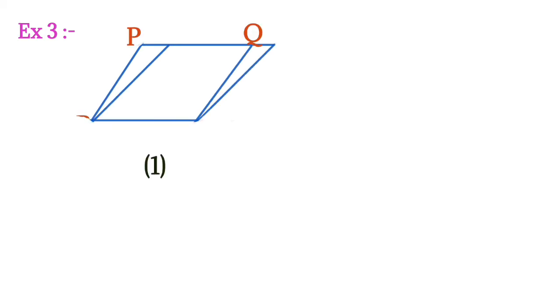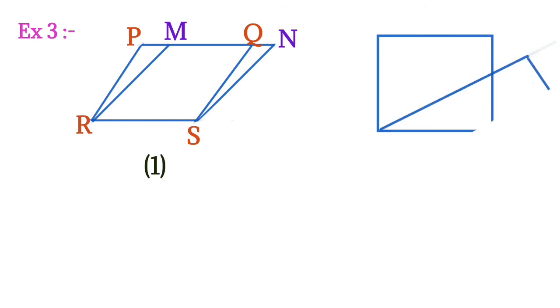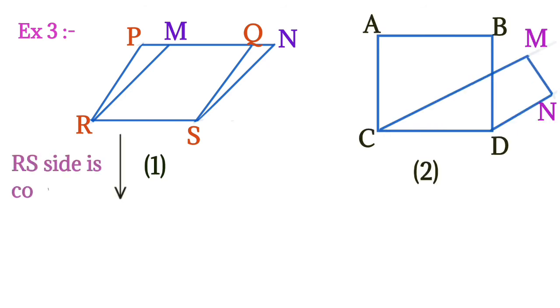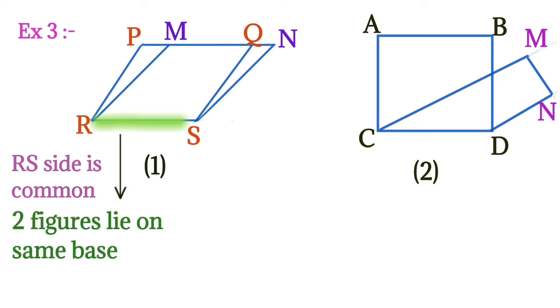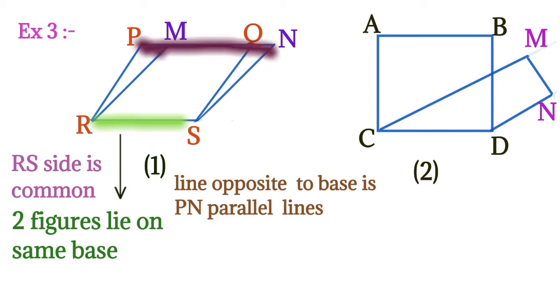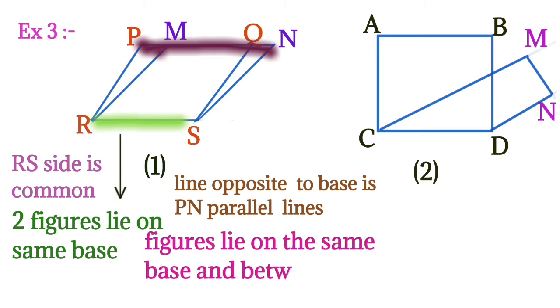PQRS and MNRS, two parallelograms are there. Which side is common? RS side is common, that is the base, and one more line is common in the two figures, that is PN. The PN side is opposite to the RS side, that is the base side. We can say PN is parallel to base RS.